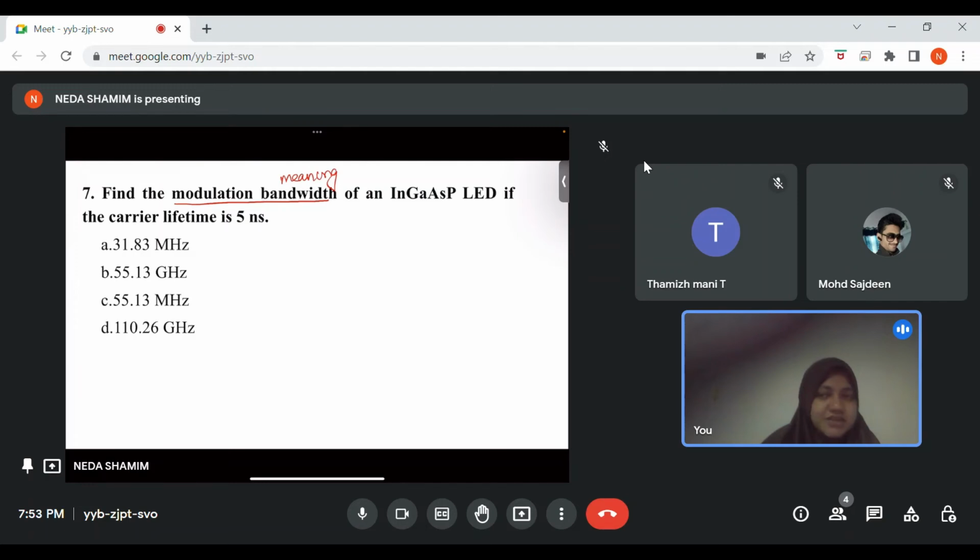Tamis? Sajdeen? I have no idea. Have you read about this in the course? Sir has taught about this. It's related to frequency. Tamis, can you answer please?